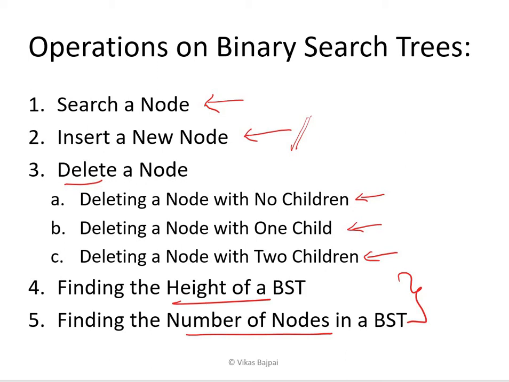Now, as I said, this binary search tree is an ordered binary tree, which helps us in both insertion and deletion, and on top of it, it helps us in searching as well because it is ordered.